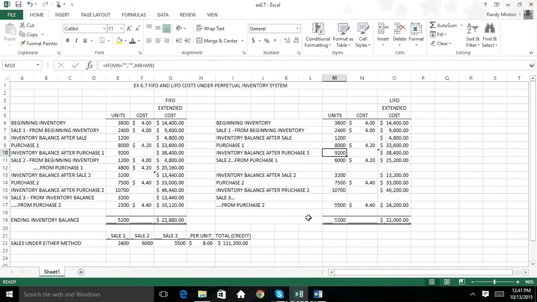We're not looking back beyond a couple of sales and a couple of purchases. If we were doing this for a real inventory system, you would be looking back until you were able to exhaust the number in your sales volume. So for instance, if you had purchases of 100 units each, and you had 10 of them for $1,000, and then you sold 800 units at one time, then you'd have to be going back through 8 of those purchases.